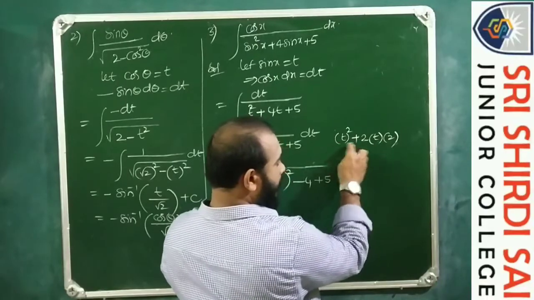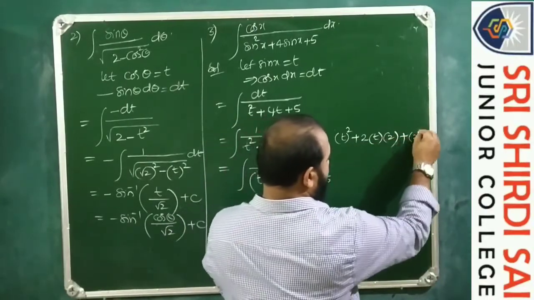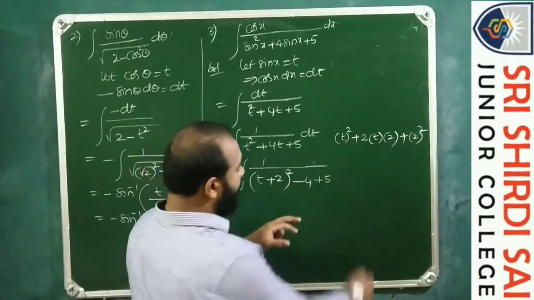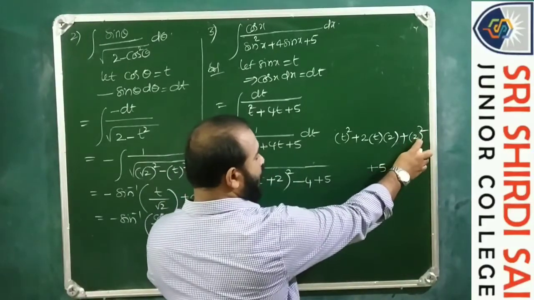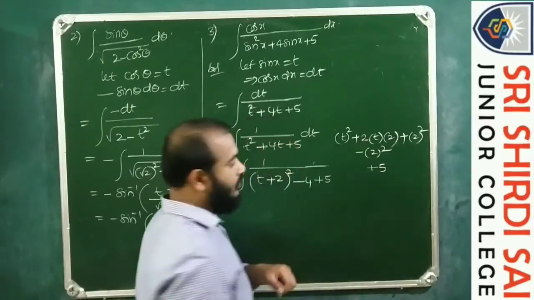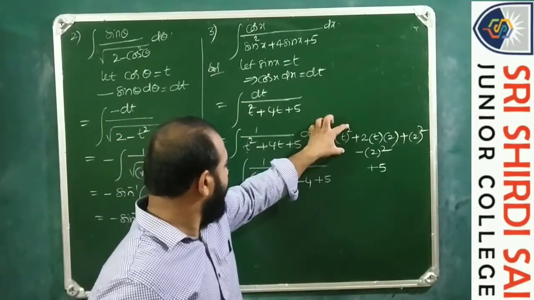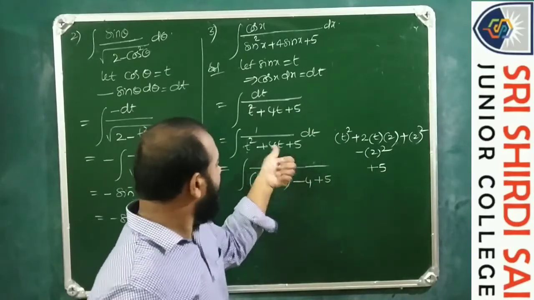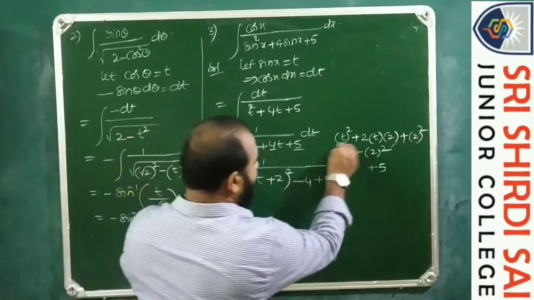So a square plus 2ab plus b square I want, so 2 square. Since we are adding 2 whole square additionally, we have to subtract it again also. t square is t whole square, 5 is 5, 4t is 2 into t into 2. So therefore we have written this.